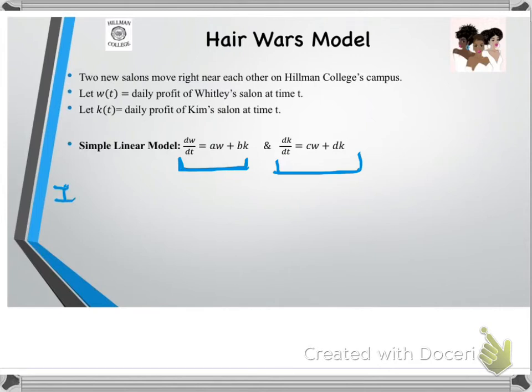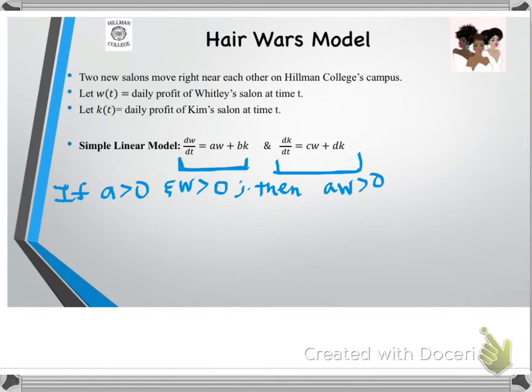So if A is greater than 0, and W is greater than 0, then just think about that. If A is positive and W is positive, which means Whitley is making a profit, then we know that A times W is going to be positive, right?